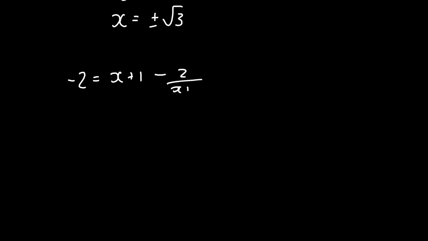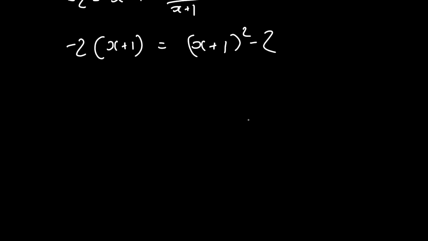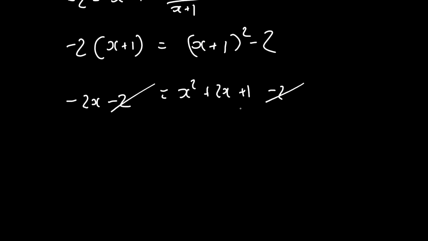So minus 2 over x plus 1, and then we do the same exact process, and we get minus 2(x + 1) equals (x + 1) all squared minus 2. Then we're left with x squared plus 2x plus 1 minus 2 minus 2x minus 2. So the minus 2's can go away, and then we're left with x squared plus 4x plus 1 equals 0.